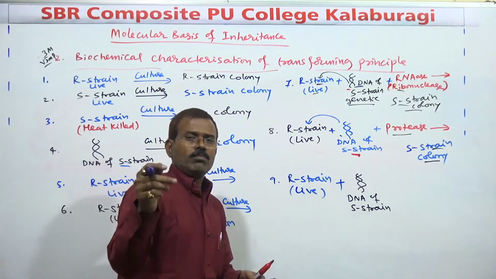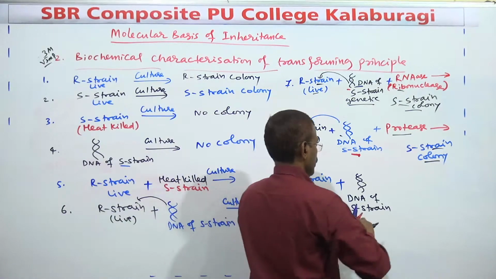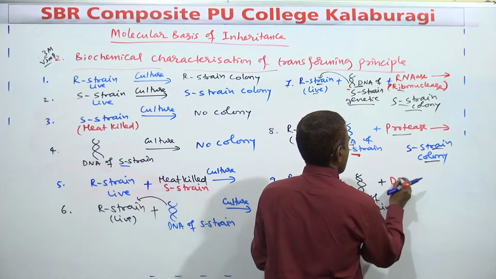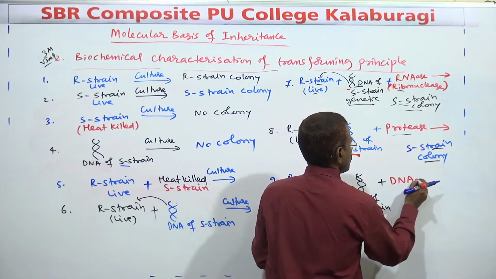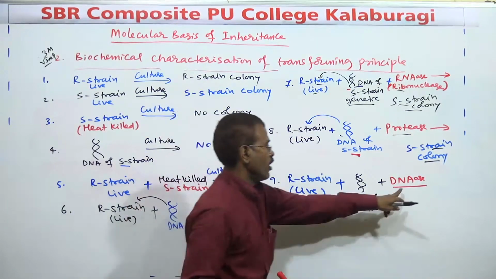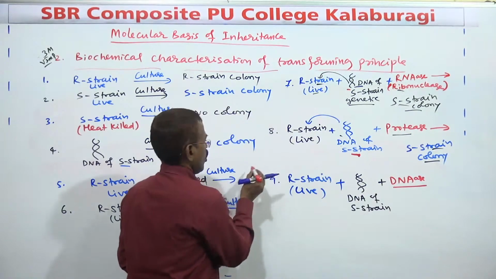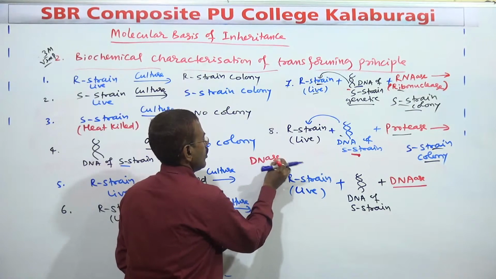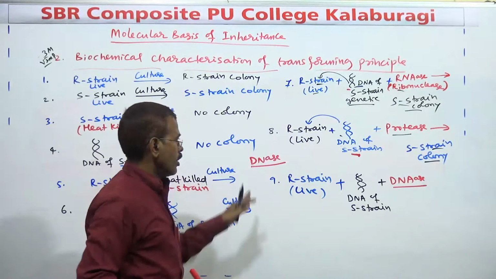This time they added DNase. Either you can write it like this, DNase, or in this way also you can write DNase.